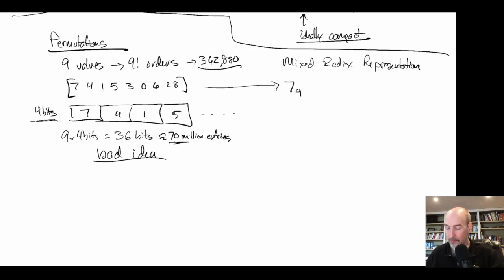Now the rest of the numbers I want to write in base 8. I'll do this conversion one step at a time. 4 is perfectly fine in base 8, 1 is fine in base 8, 5 and 3 can both be in base 8, 0 can be in base 8, 6, 2, but 8 can't be in base 8. So what I have to do is say, well, there is no 7.